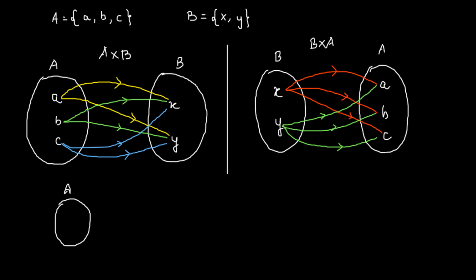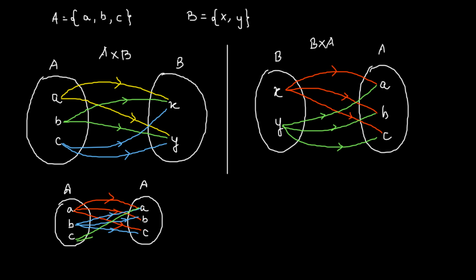So this set A has the elements A, B, and C. And we have another Venn diagram which also represents set A containing the elements A, B, and C. We begin with the first element A and then form a coordinate pair with A, then with B, and then with C. Then we consider the second element B and form a coordinate pair with A, B, and C. And finally, we consider the element C in set A and form the coordinate pair with A, B, and C, with the arrows going from the first set A on the left-hand side to the right-hand side.